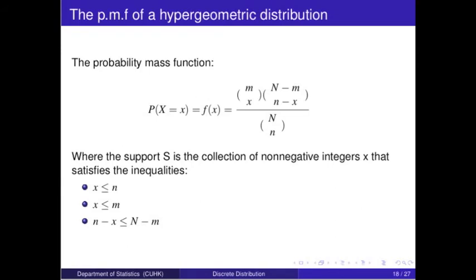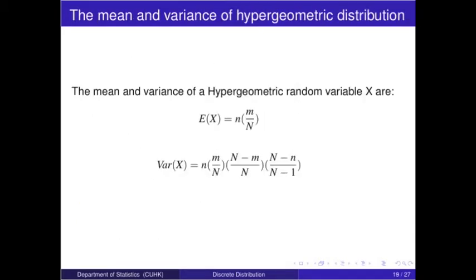The probability mass function of hypergeometric distribution is in this form, and x is a non-negative integer. The mean and variance of hypergeometric random variable X are in this form.